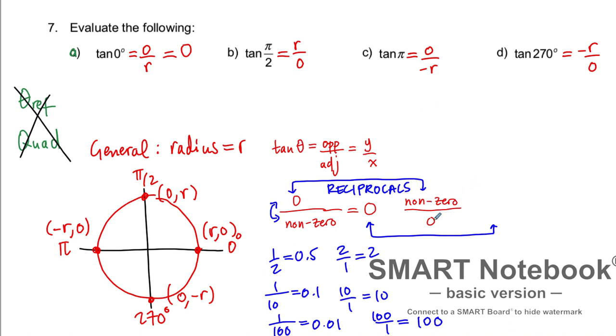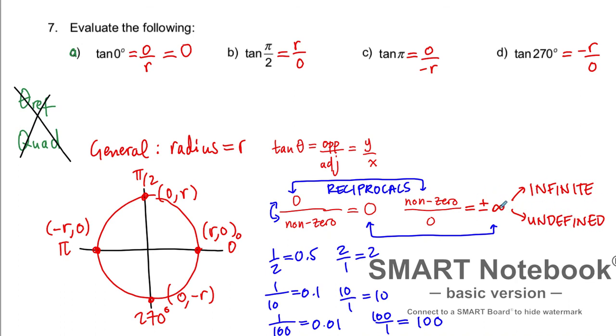So the value of non-zero over 0 is going to be plus or minus infinity, and we can call this infinite in particular, or in general, we might refer to this as undefined. Now, a lot of people refer to it as undefined, but actually it's better to say this is an infinite kind of undefined number. Anyway, I'm happy for you to put plus or minus infinity, or undefined, or infinite.